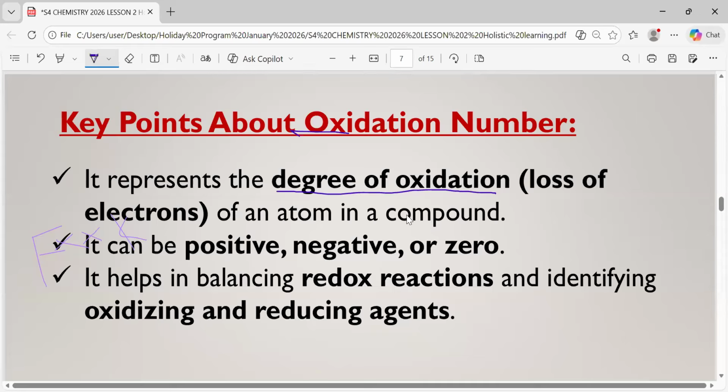So the oxidation number will be equivalent to the number of electrons that have been lost, especially when looking at those atoms that are losing electrons in a given compound, or those which are gaining. So it helps us understand all that. We are saying that it represents the degree of oxidation, that is the loss of electrons of an atom in a compound.